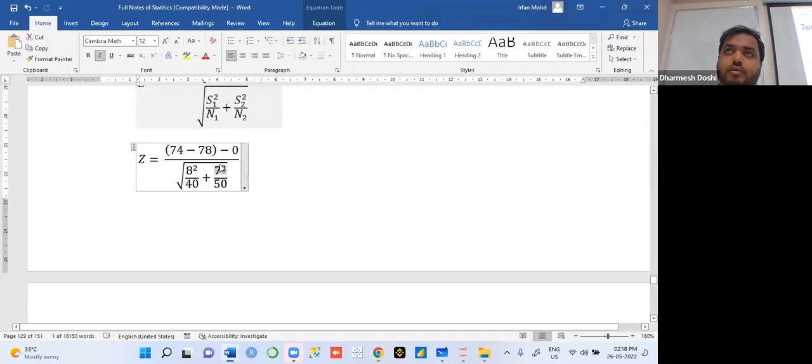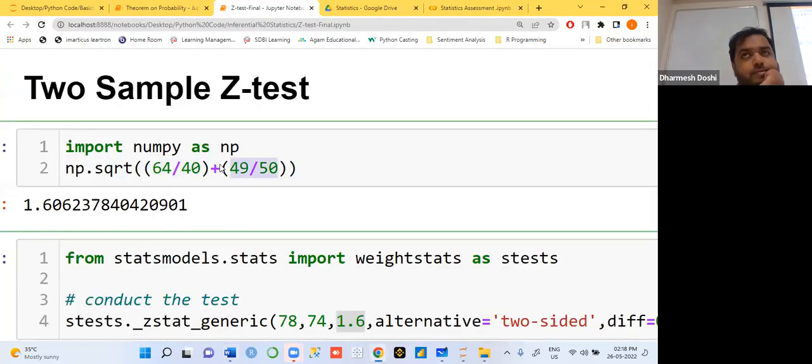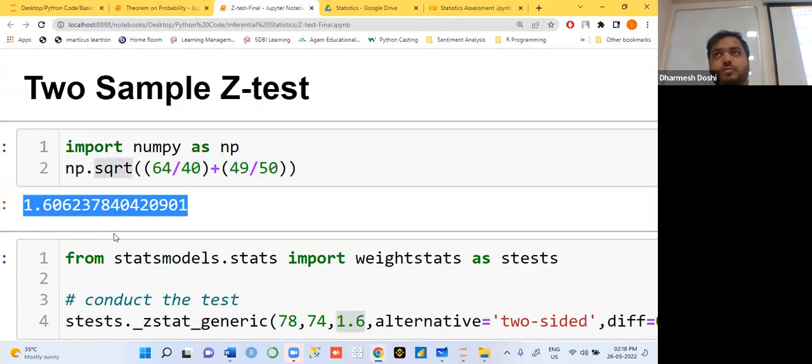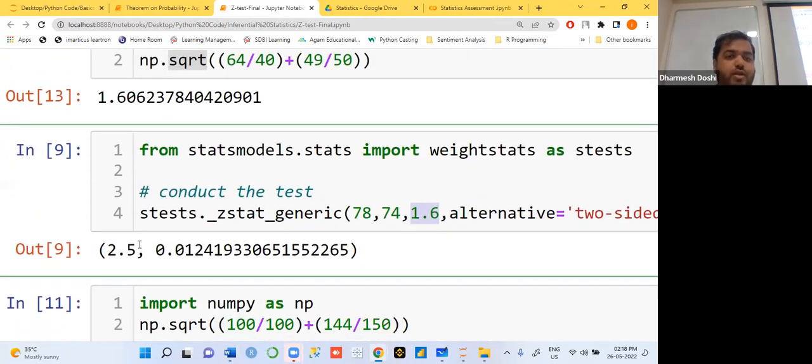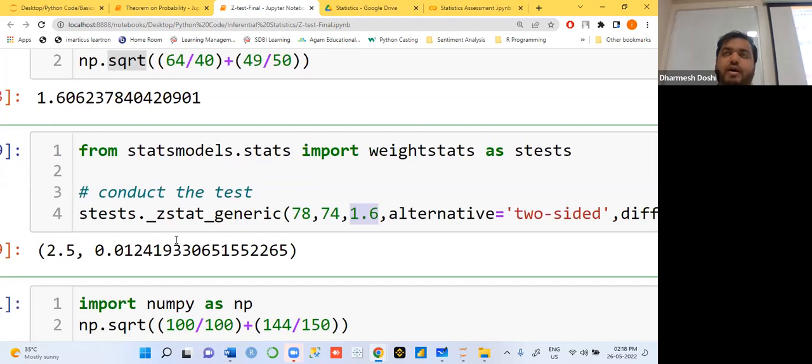I specified two-sided, so the difference will always be 0. Rounded off, this is 2.5. This is your p-value.